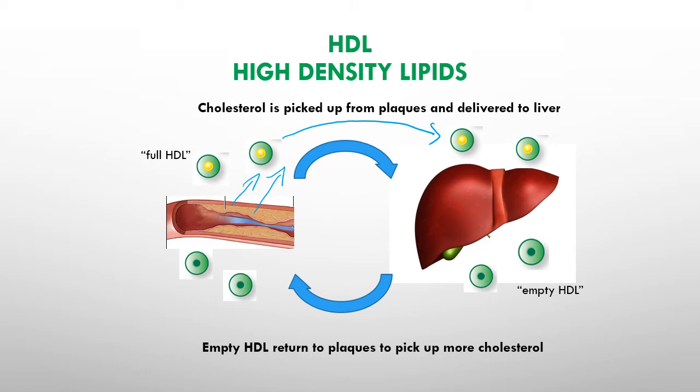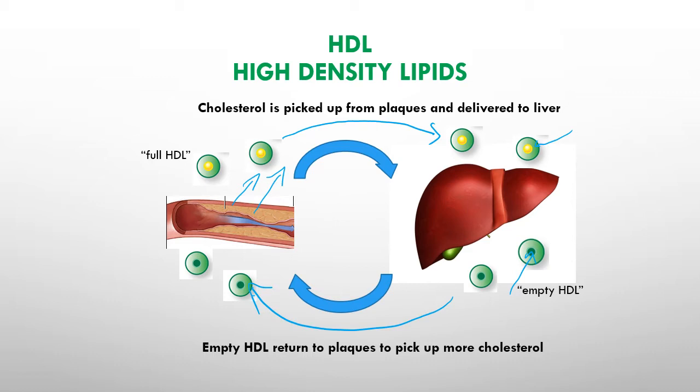We're basically picking up and taking back excess amounts of cholesterol that would otherwise potentially be causing us harm in our blood vessels. And so that takes that cholesterol back to the liver. It drops off the cholesterol. So the cholesterol was there, now there's no cholesterol. And then it can go back to the tissues once again and pick up more cholesterol.